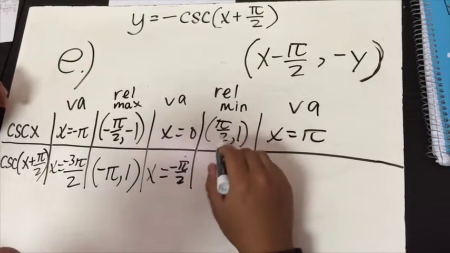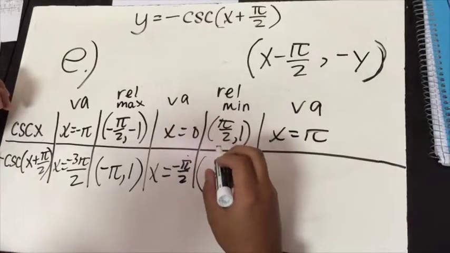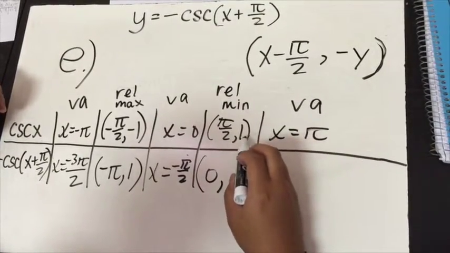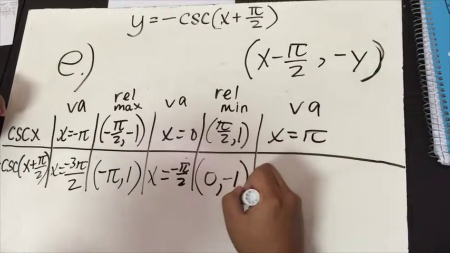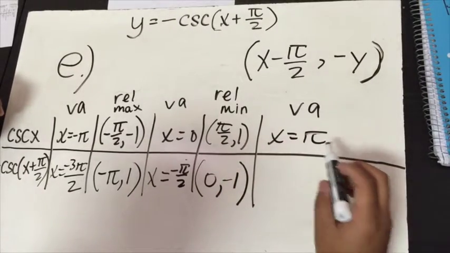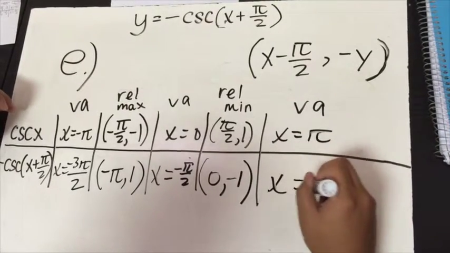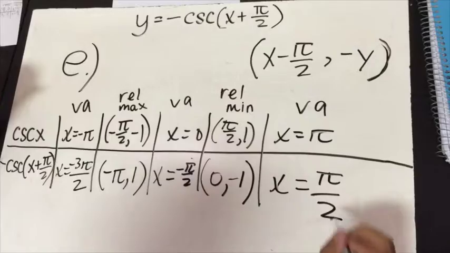Alright, so pi over 2 minus pi over 2 is just 0, and negative 1, we're just finding the negative of y, and then we're subtracting pi over 2 from pi, so x equals pi over 2.